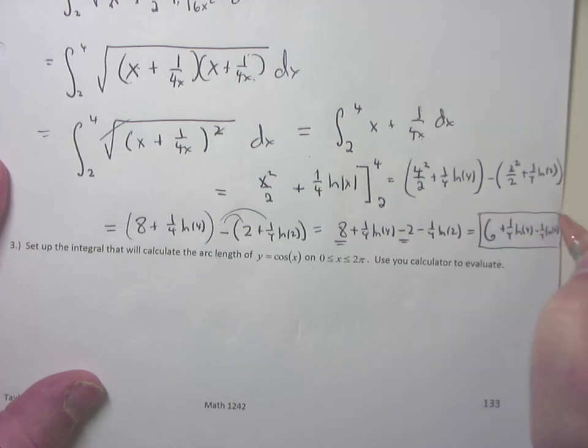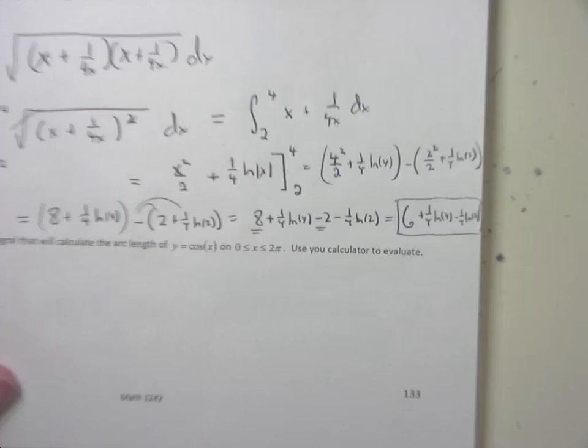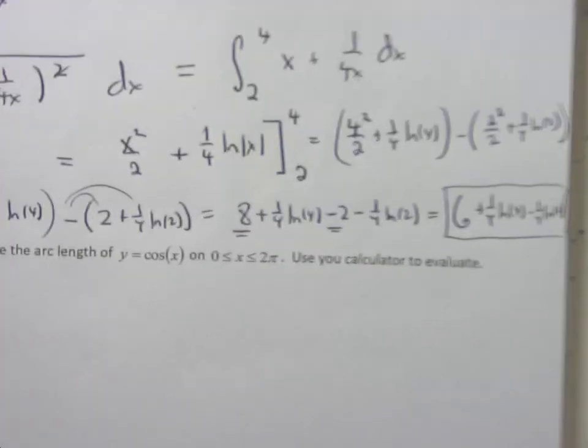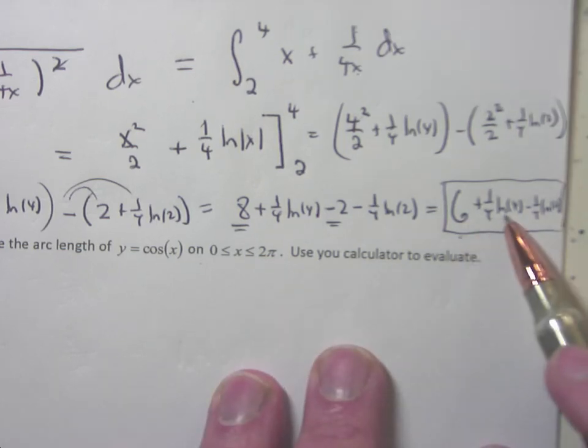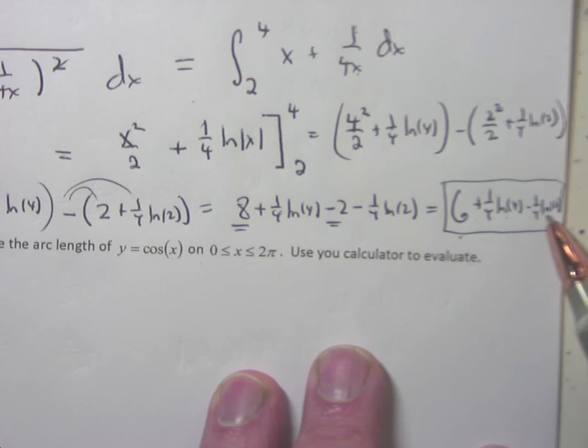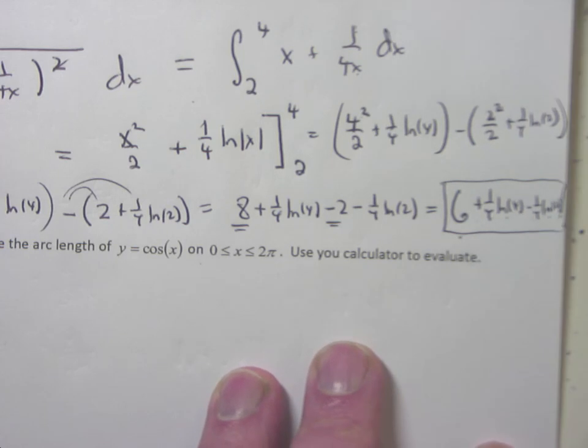And that is my answer. Does that make sense? So again, it is 6 plus 1/4 the natural log of 4 minus 1/4 the natural log of 2 when you combine like terms. And you can put it on your calculator and check the decimal on it. WebWork will take it either way.